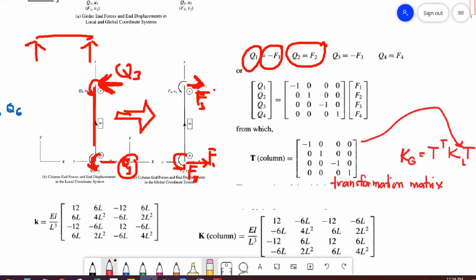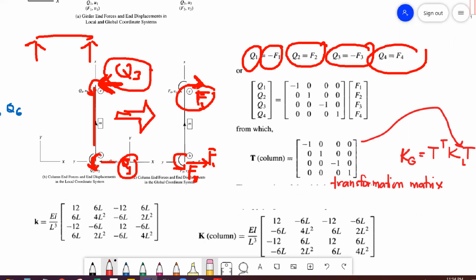Okay, so again they are numerically equal but of opposite sign. Okay, and lastly Q4 is equal to F4. So they are both moments, having the same direction. Okay, because this is counterclockwise, counterclockwise.